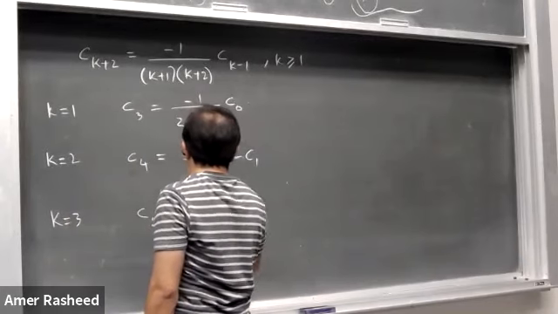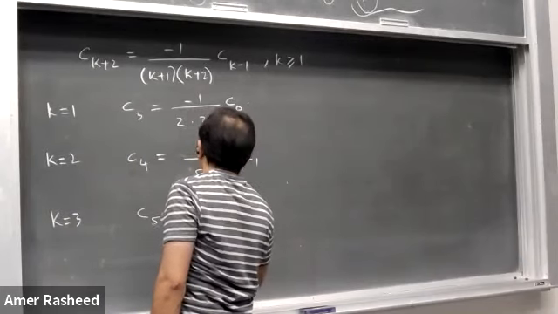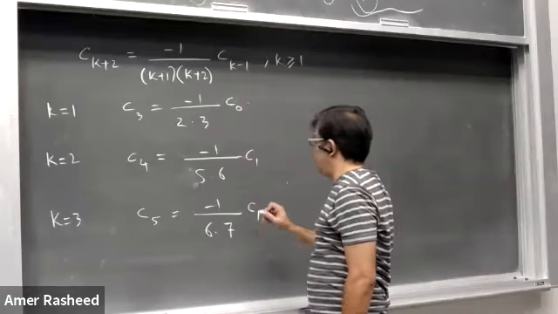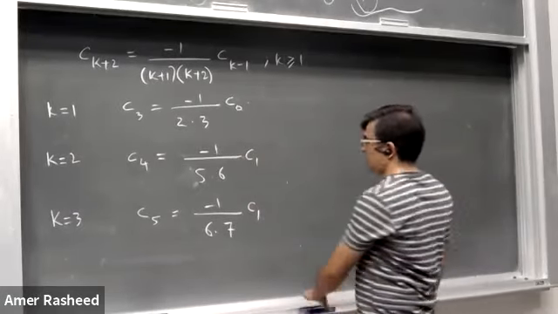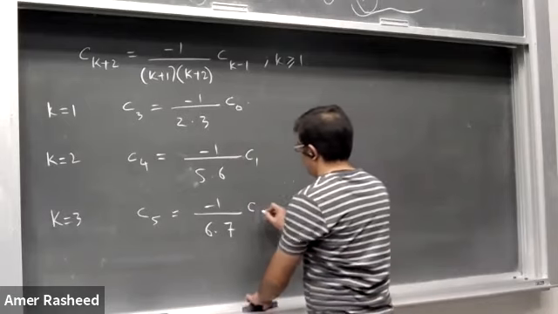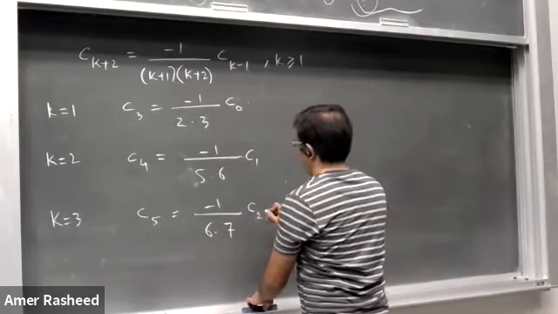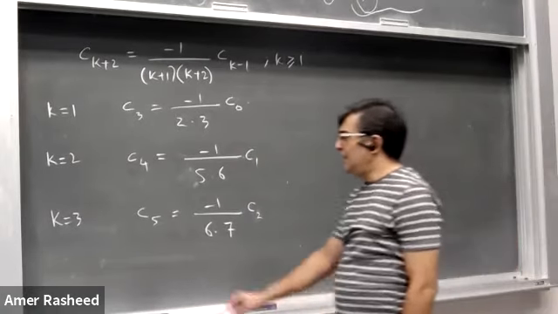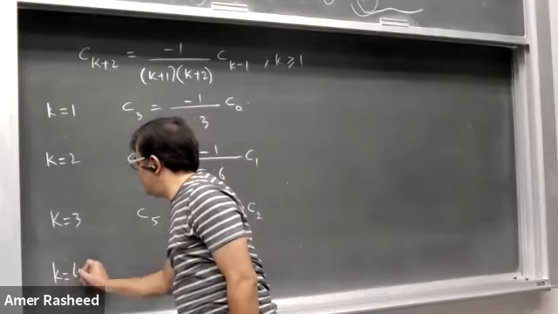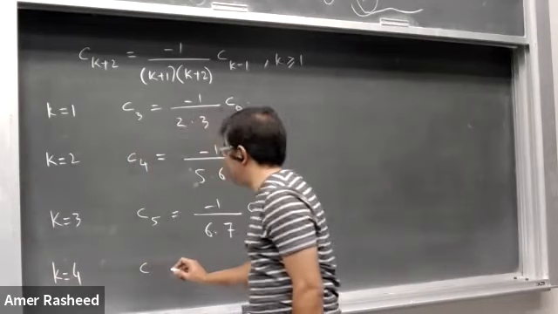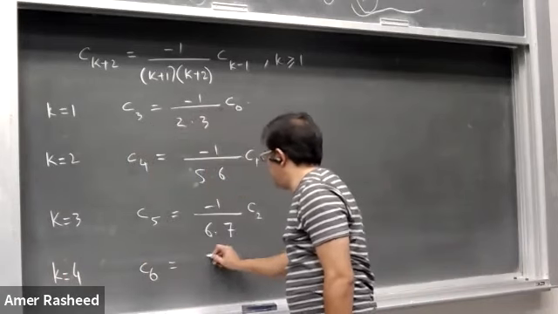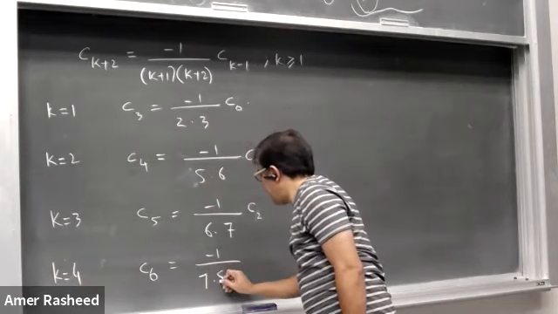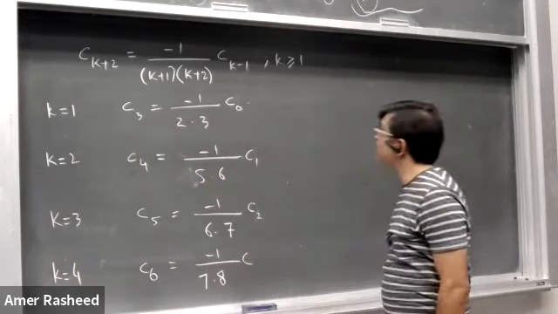C5 is equal to -1 over 5, so 6 times 7, C2. And when k is equal to 4, we get C6 is equal to -1 divided by 7 times 8, C3.